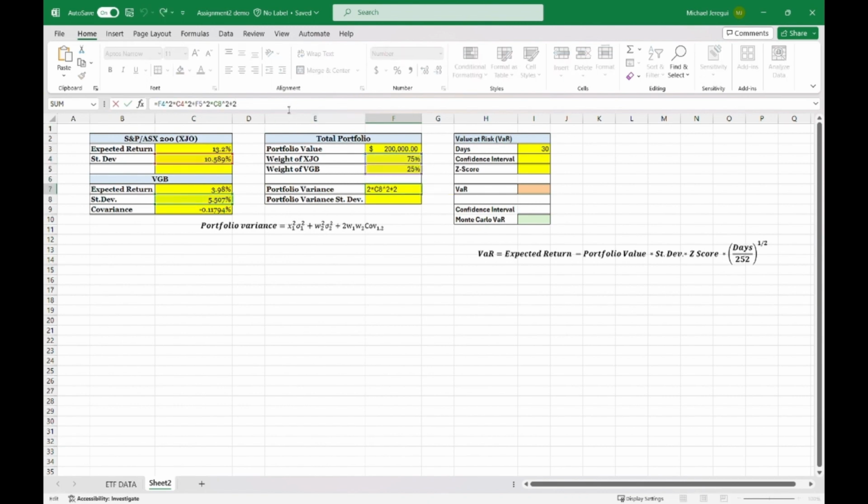Oops, let me try that again. The 75% of the ASX 200 times the weight of the VGB, which is 25%, times the covariance, which we calculated just before. And that is our answer.